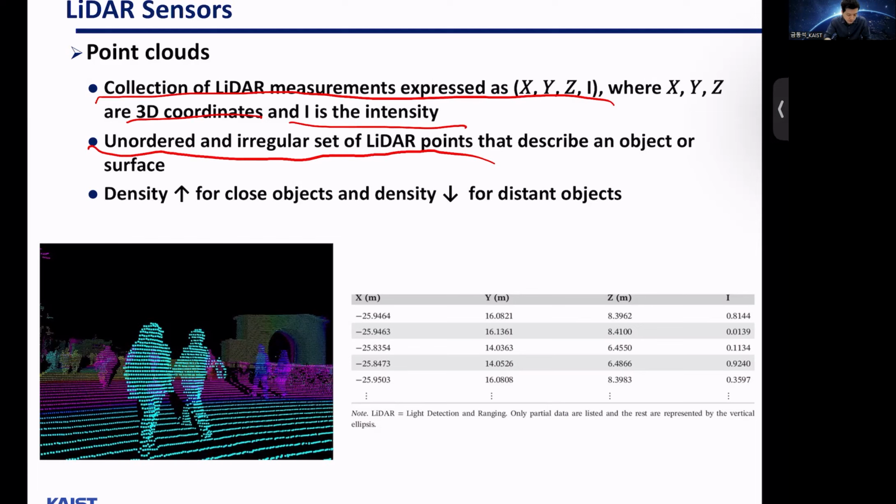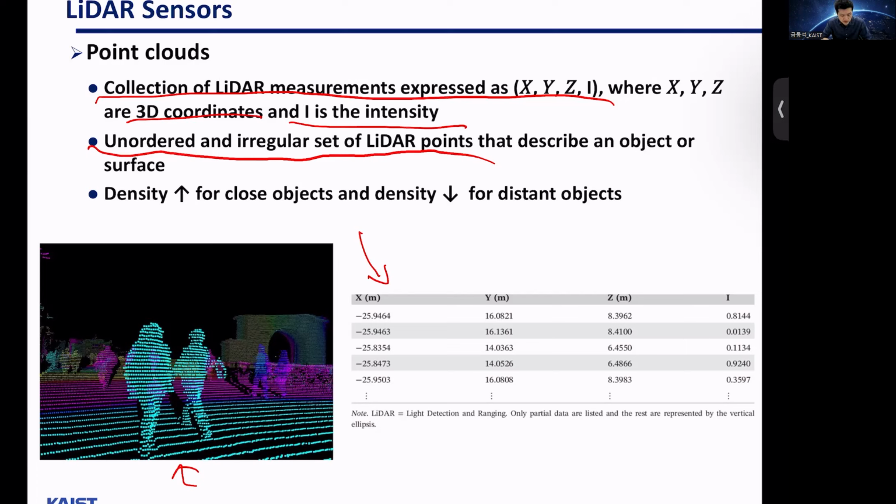So when you visualize it, you get this nice surface or object contour, which humans are used to. But when you actually look at the raw data, the points are unordered.